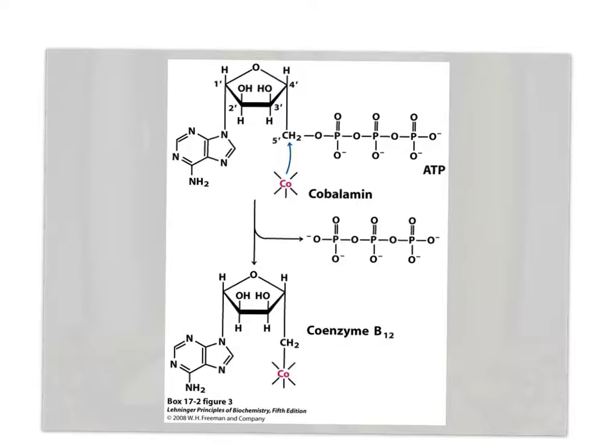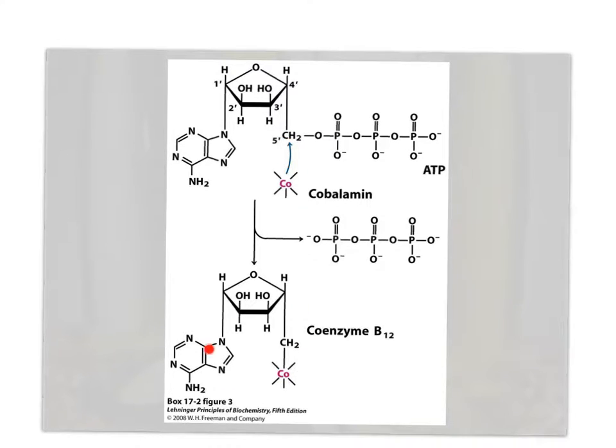Okay, so this is just a kind of a blow up showing the important parts. So we've gotten rid of all of the corrin ring. We got rid of the other ribonucleotide down here, to where now we just have the cobalamin and the ATP. So this is the cobalt. And what it does is it comes in and attacks the C here and pops off the triphosphate.